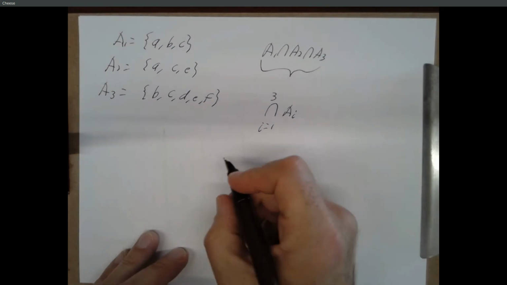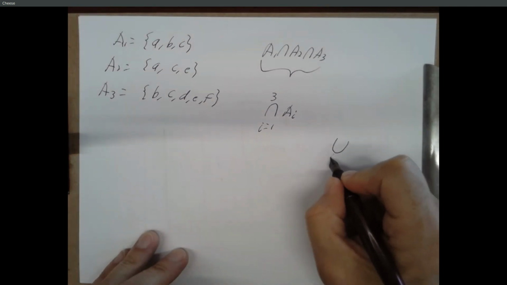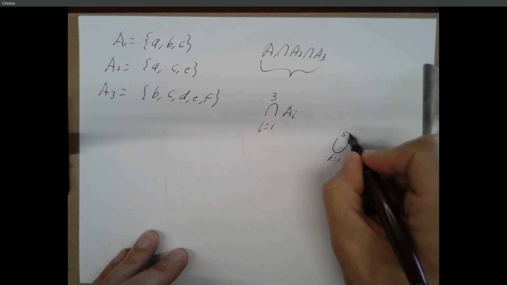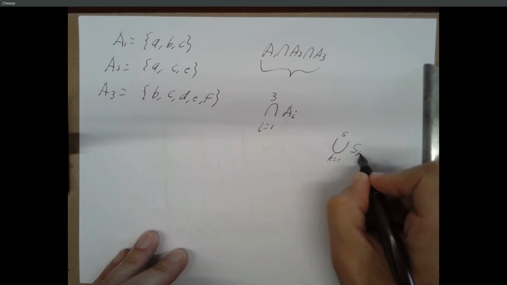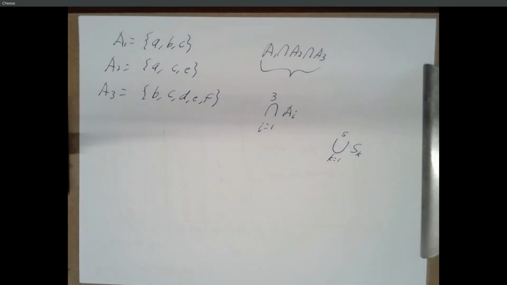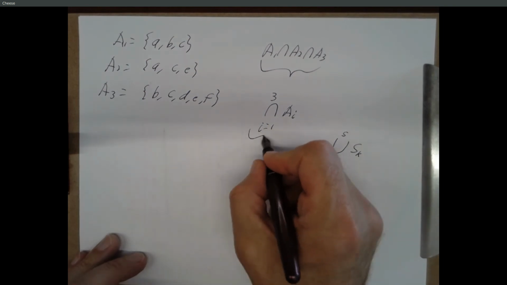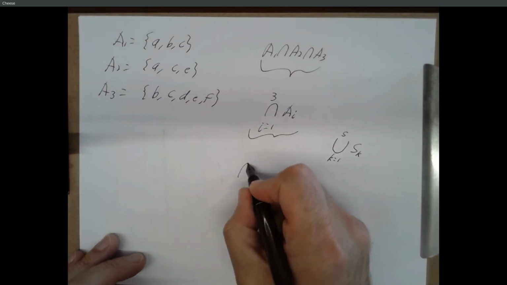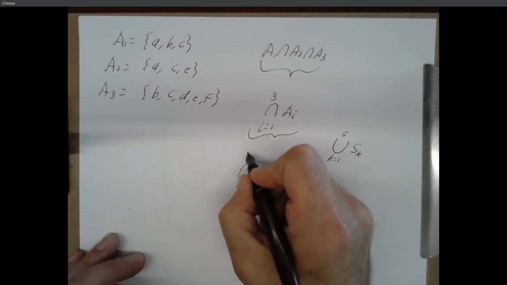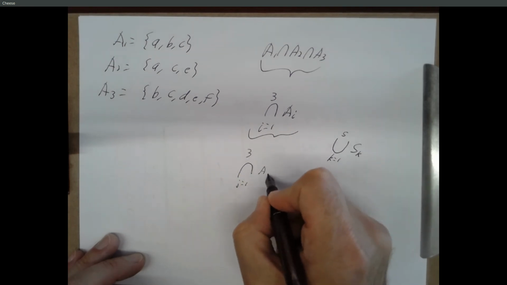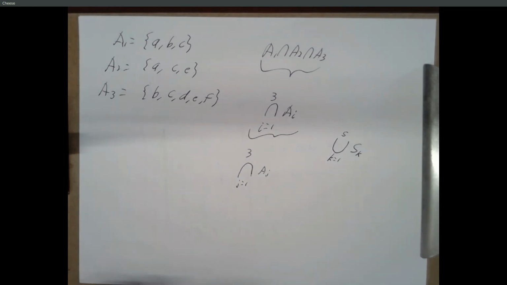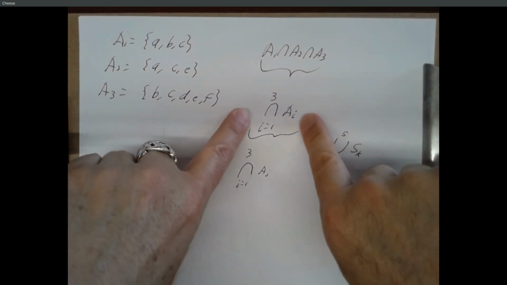And you'll see a union from k equals 1 to 5 of S sub k or whatever. And one thing to keep in mind, this expression right here, if I had said the intersection from j equals 1 to 3 of A subscript j, is that any different from this?